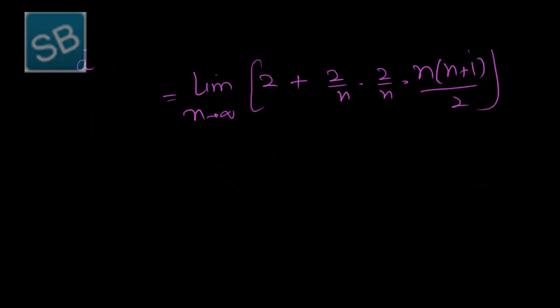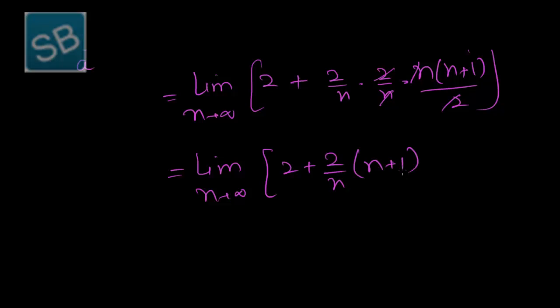So we get limit n tends to infinity 2 plus 2 over n into n into (n plus 1) over 2. n is cancelled by n, 2 is cancelled by 2, so we get 2 over n into (n plus 1).